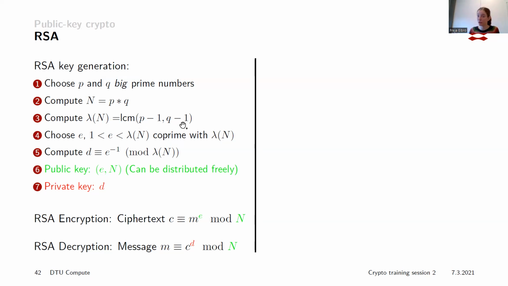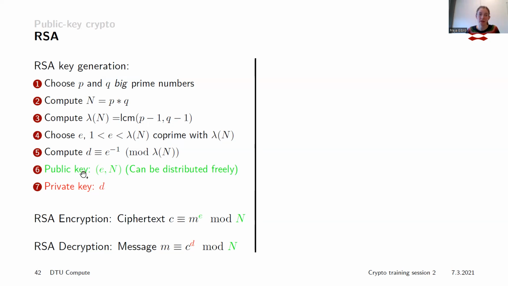But if you only know n, then you don't know P minus 1 and Q minus 1. So in this case, where you only know n but not the factorization, you can't compute lambda of n, and therefore you can't compute D, because you need to know what modulo to use in order to find the inverse of E. Right.